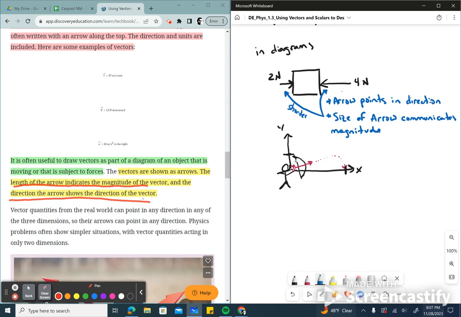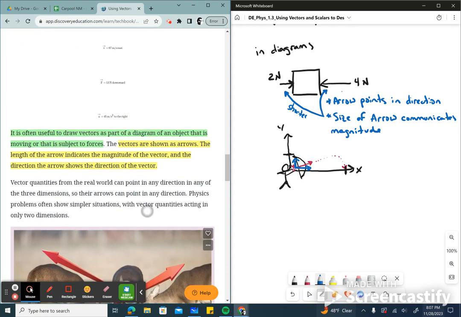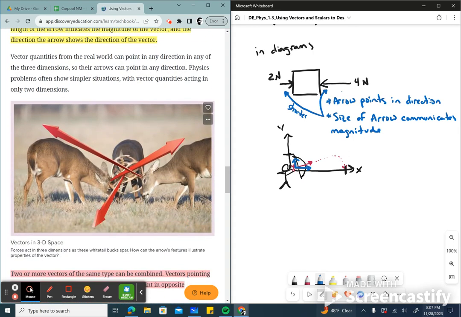There is an upwards component, and there was an x component to it as well, okay? And again, this is just saying that these things can be used in diagrams, right? They can be two-dimensional like we just drew, or they can be three-dimensional as this picture is showing.